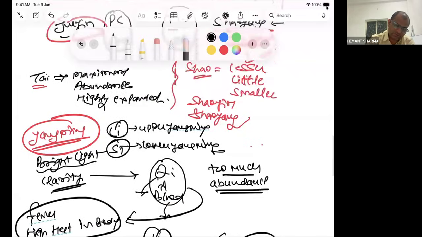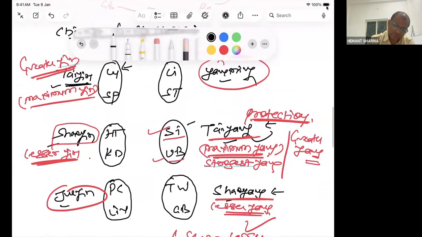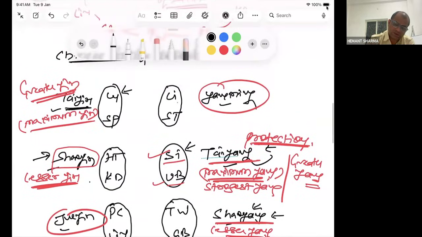So here we have seen lung and spleen maximum yin, SI and UB maximum yang, heart and kidney little yin, triple warmer and gallbladder also little yang. Then we have seen about the yang ming, Li and St. They are having chi and blood in abundance.